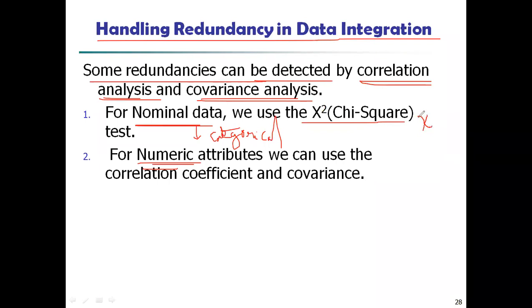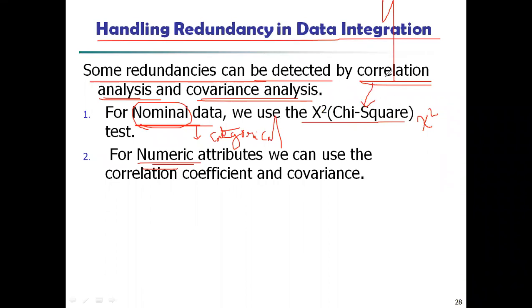Chi-square test. First we take the chi-square test for identifying nominal, categorical data redundancies. This is one of the correlation analyses.